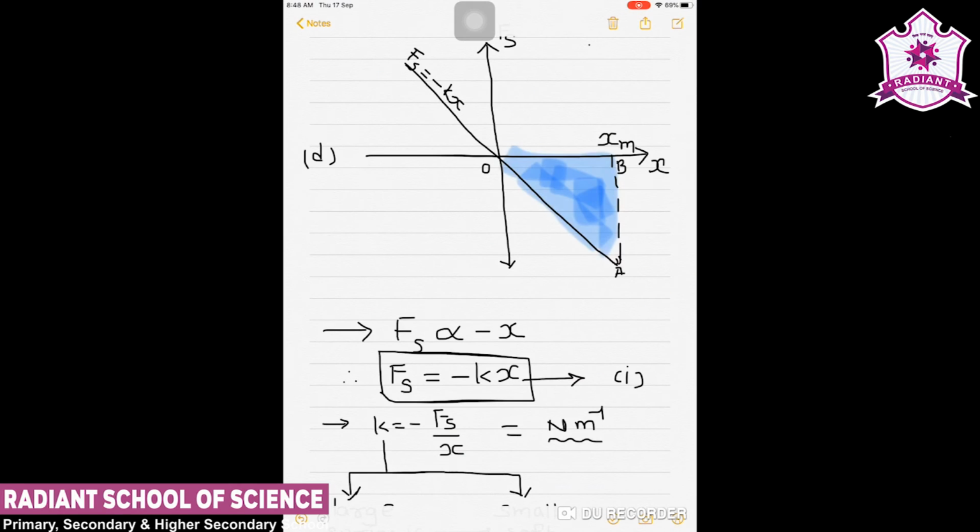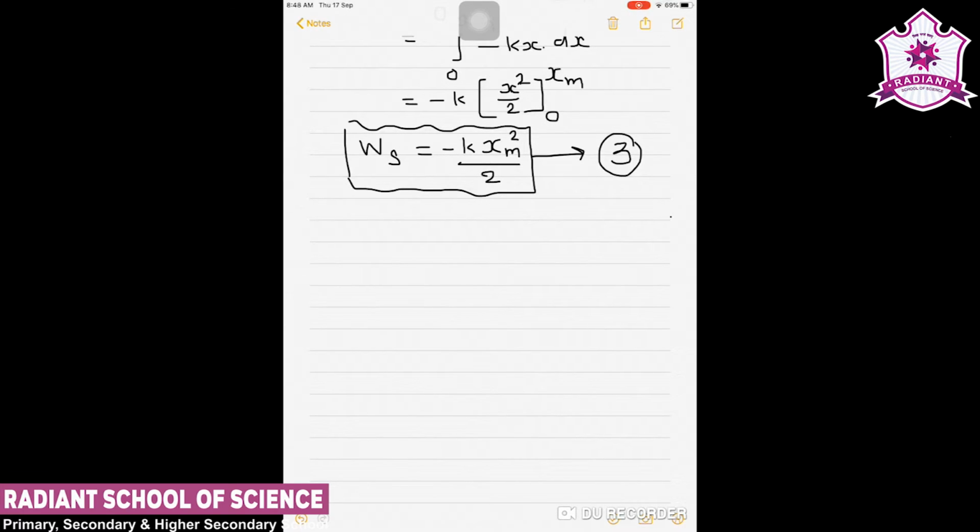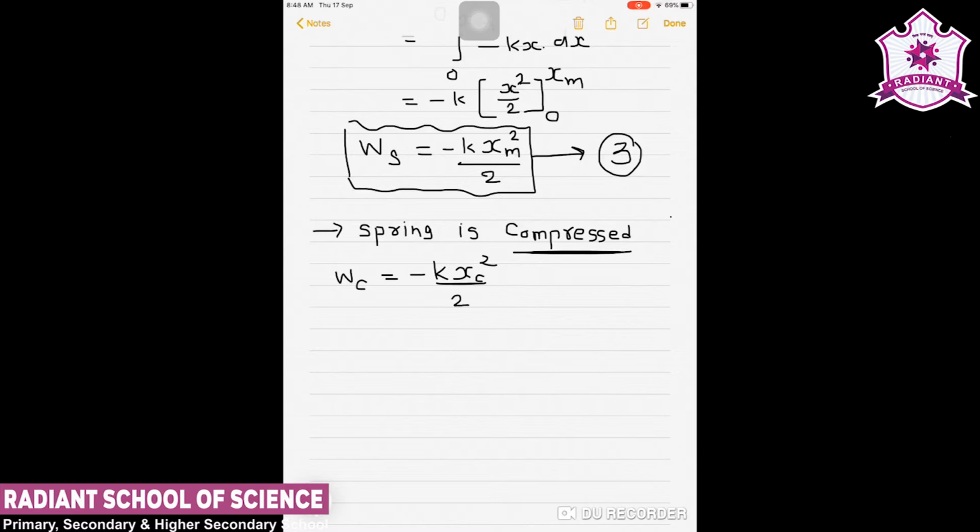So if the spring is compressed, the work WC can be given as minus k xc square by 2.